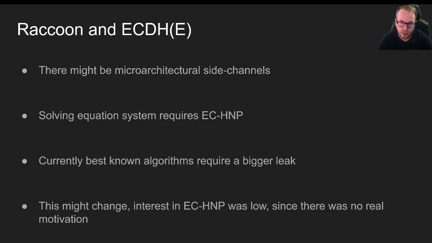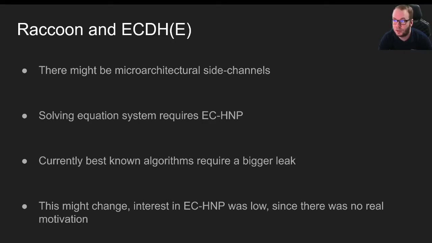of a leading 0 bytes or of a leading byte. So you need much bigger leaks to solve it. But I would not feel too safe with this, because this might change in the future. The elliptic curve hidden number problem was maybe not very interesting before, because it was just some theoretical academic thing, and now it's suddenly possible that a real attack can be performed with that.